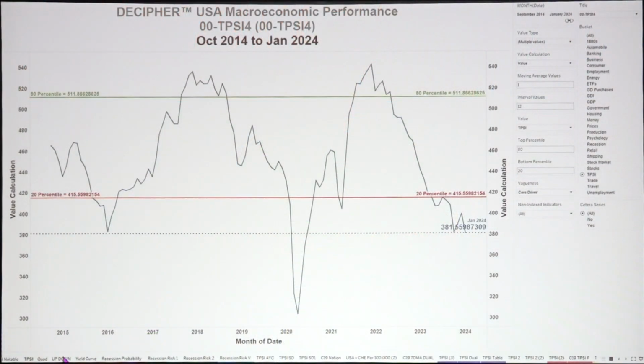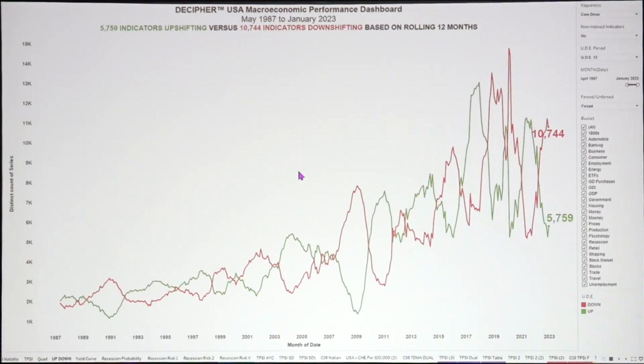One of the things we did several years ago is we created a very simple bucket, good drivers versus bad drivers. It's really simple. We actually call this the up-down chart internally. The red line shows the number of drivers that are doing poorly. Year over year, 3 month over 3 month, they're just not doing as well. They're decreasing, so to speak, whereas the green drivers are doing well.